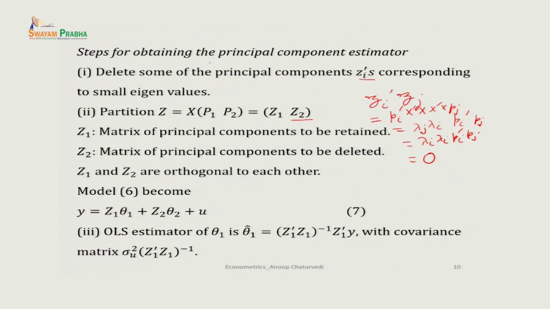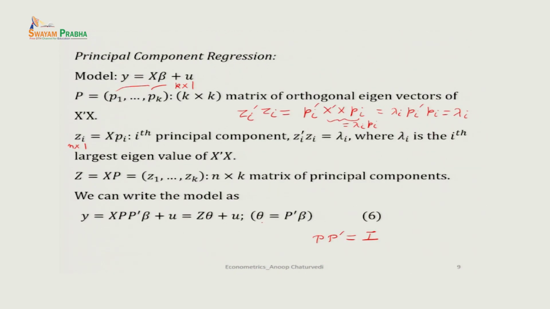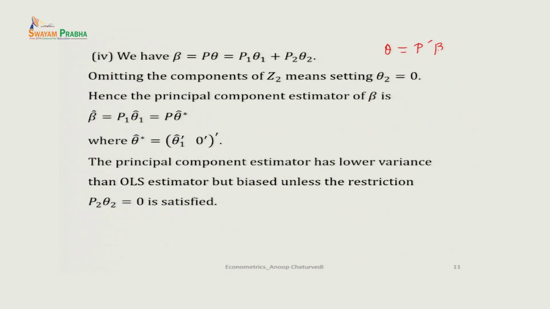Actually, we have defined theta here: theta is equal to P transpose beta. So, beta is equal to P theta. P is an orthogonal matrix, and then you can write it as P1 theta1 plus P2 theta2. Now, omitting the components of Z2 means you are setting theta2 equal to 0.